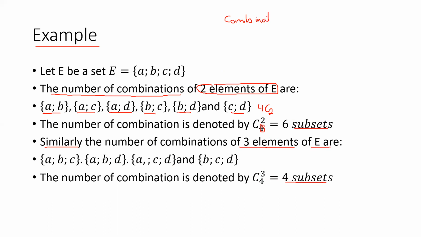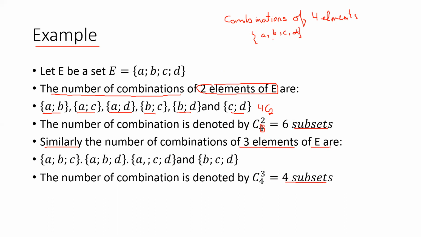George, without calculator. 16? No, George. What are the combinations of 4 elements? We have A, B, C, D.